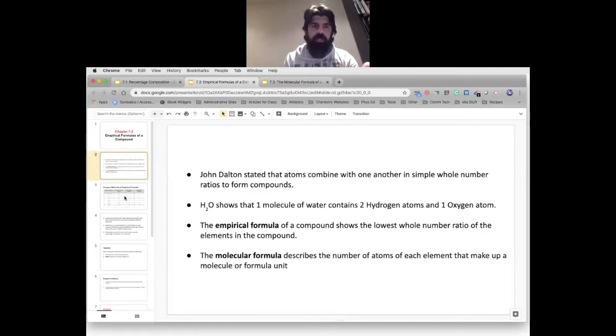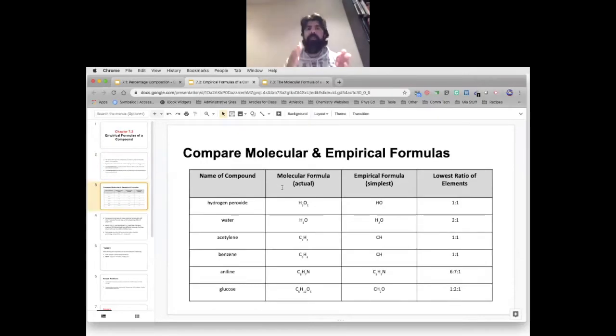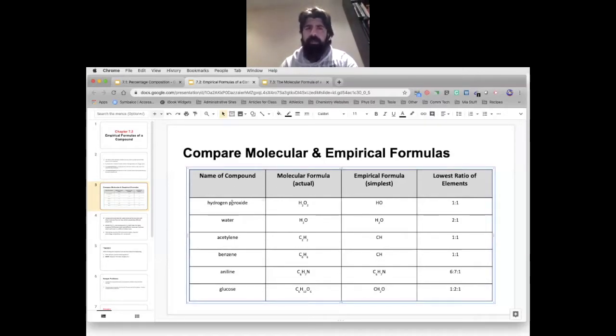And so here in this next slide, I actually have this comparison of molecules and their molecular formula with their empirical. Take, for example, an example we looked at earlier today in 7.1 when I gave the example of hydrogen peroxide. Hydrogen peroxide is H2O2.